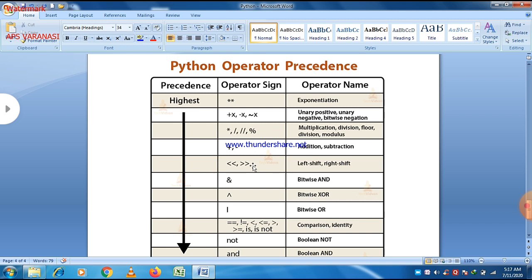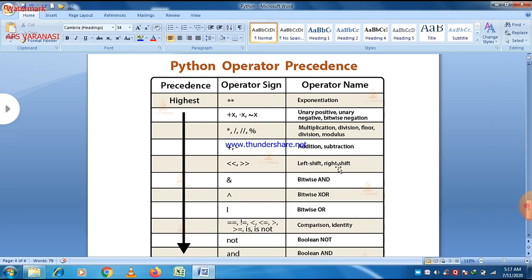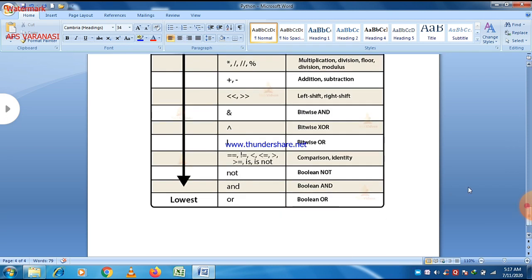So unary plus, unary minus and bitwise negation have second priority. Next come addition and subtraction, and then left shift and right shift, then bitwise AND, bitwise XOR, bitwise OR, then comparison, identity, and not.